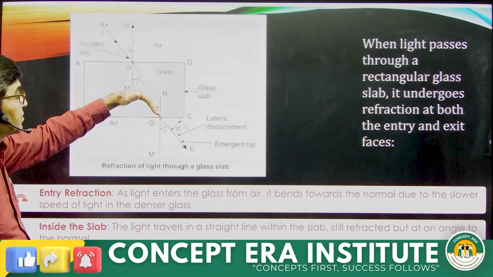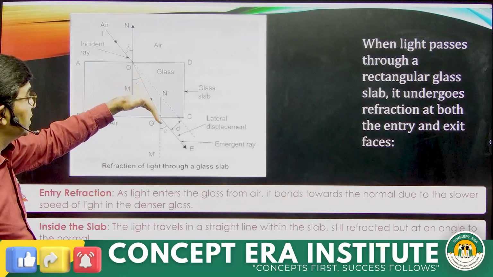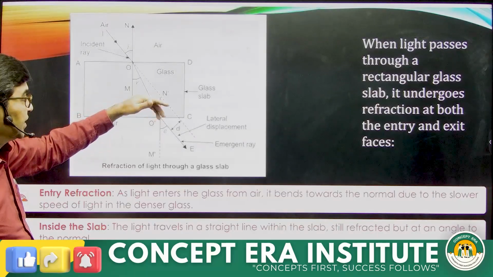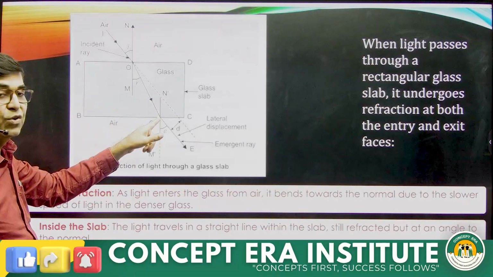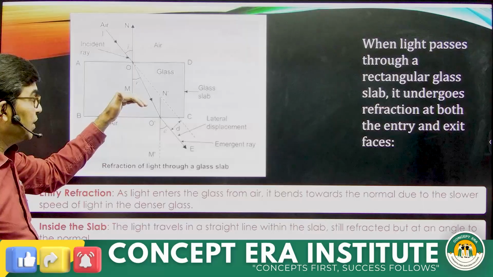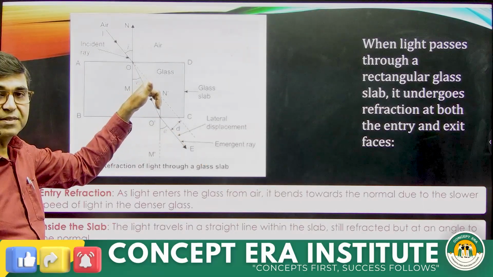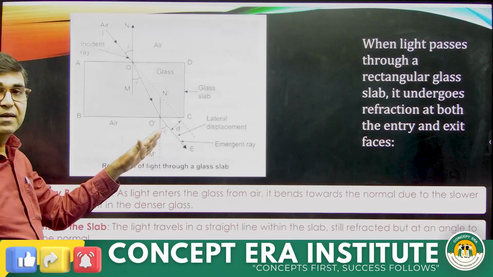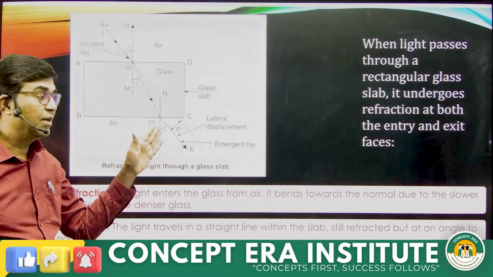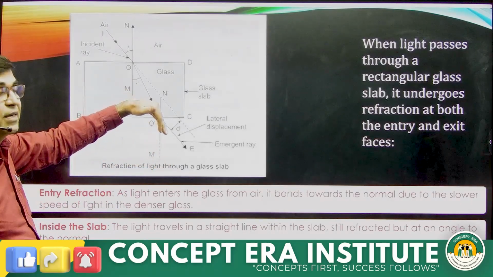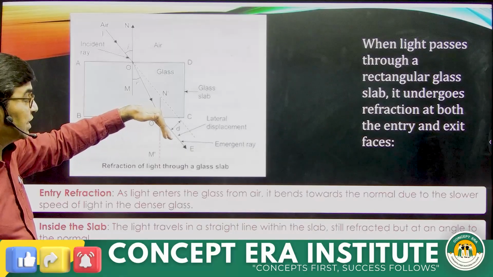So when the refracted ray strikes O dash, it is now entering into air from glass. Air has a less optical density than glass, therefore the ray of light will change its direction again.